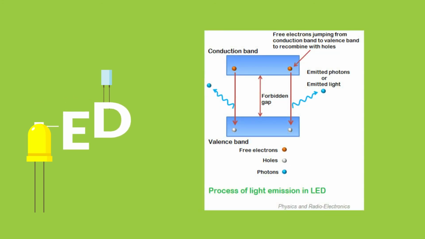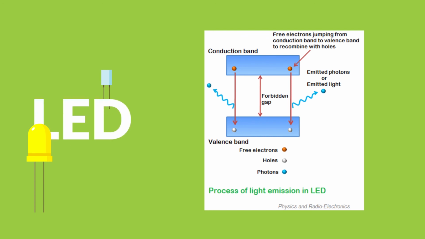When a free electron jumps from the conduction band to the valence band, because the light emission happens by recombination, this process should happen in the depletion region. In LEDs, the energy gap between the conduction band and valence band is very large, so the free electrons in an LED have greater energy than the free electrons in silicon diodes.